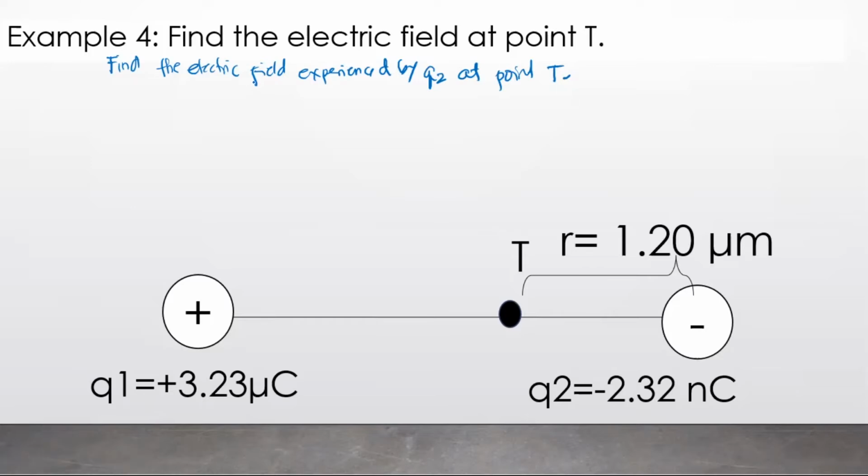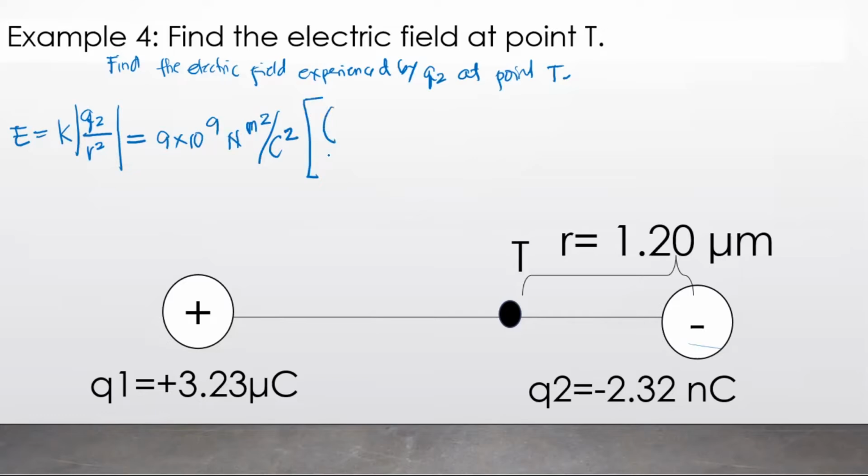So in this problem, we have here the given. We'll be solving for the electric field. So E is K Q2 over R squared, still in absolute value. This is 9 times 10 raised to 9 Newton meter squared per coulomb squared.